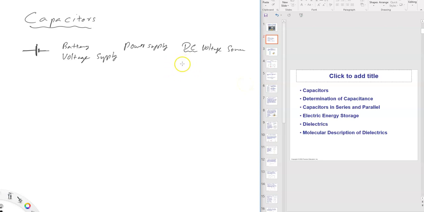There's AC power supplies or AC voltage sources. The symbol is this, a circle and a sine wave inside. That's AC, back and forth electricity. We'll come to that later. This symbol is for unidirectional, a single direction. So that's one circuit component we are familiar with.